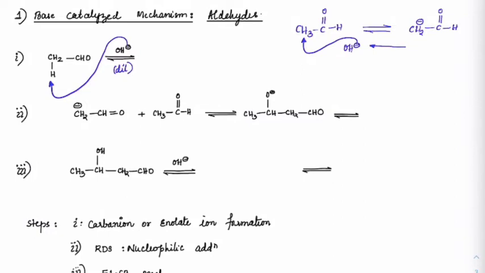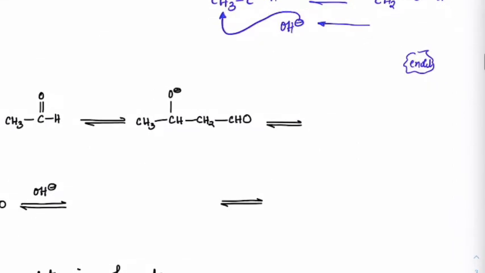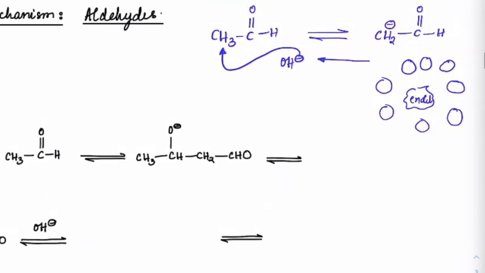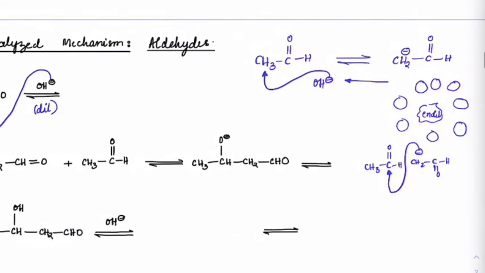Now this enolate would be surrounded by a lot of other aldehydes, like the same aldehyde here. So then this would act like a nucleophile and have a chance to attack at carbon. That's how the mechanism is usually expected to go.